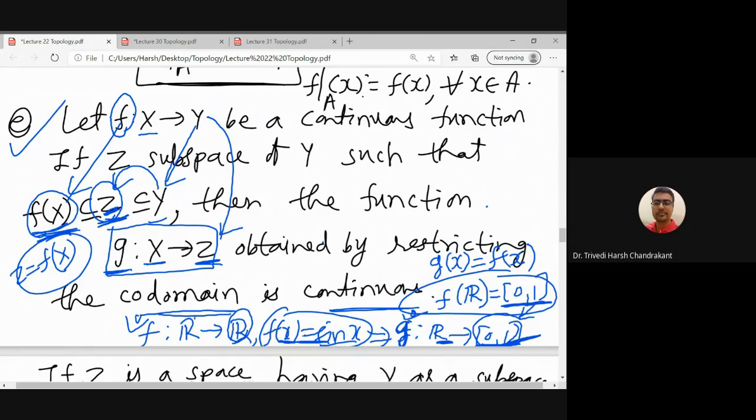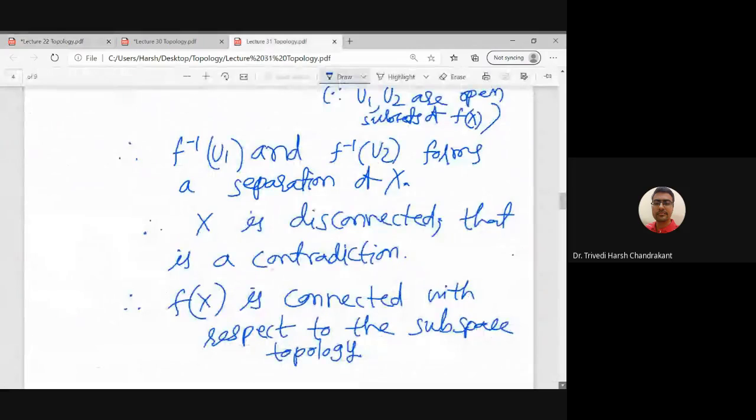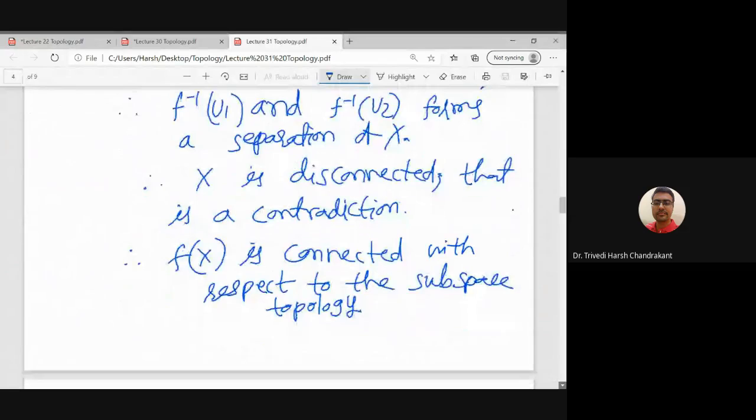Because R is a connected space, the domain is a connected space, X is R here. So this way we can prove that a certain subspace of the codomain, which is the image of a particular continuous function, is also a connected space by applying this result.